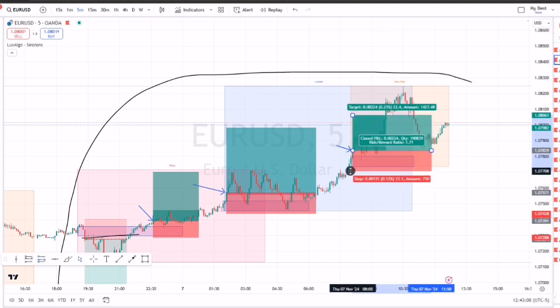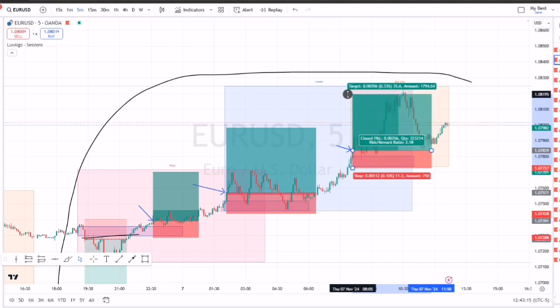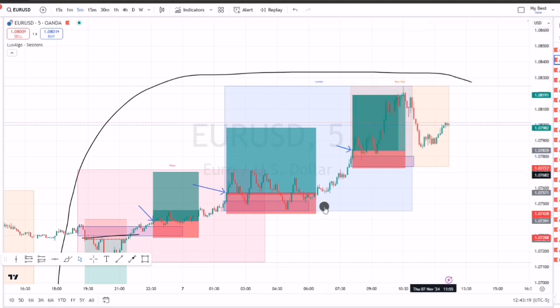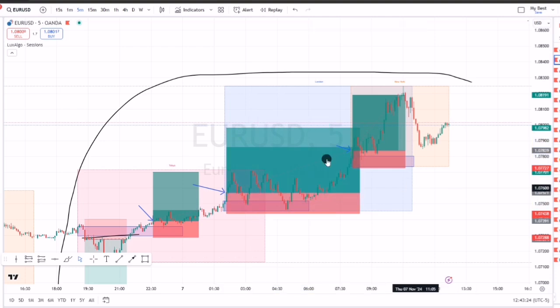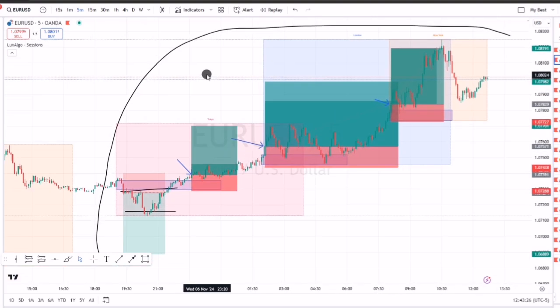So today it was going to be buys only. 1 2 3 right there. There you have it made. So this is how you can have more entries.